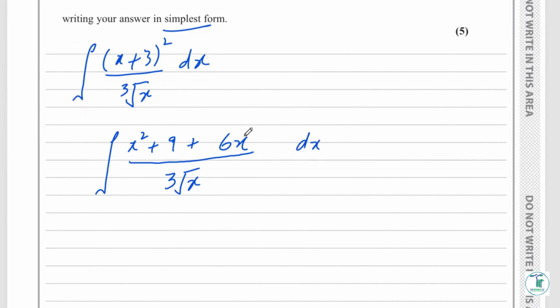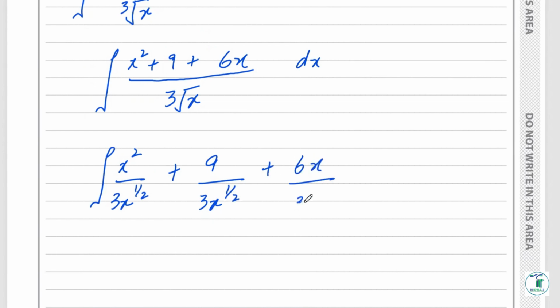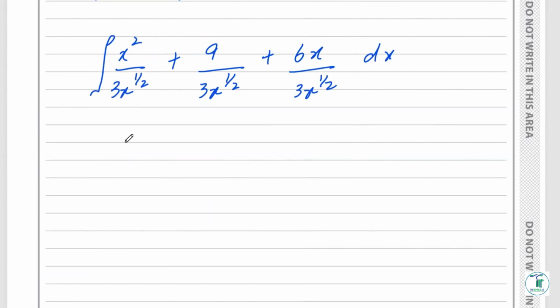Now I'm going to write 3 root of x under everything. So I must be having x squared divided by 3x to the power of 1 by 2, plus 9 upon 3x to the power of 1 by 2, plus 6x upon 3x to the power of 1 by 2, times dx. Now I've got this expression, I'm going to simplify that.